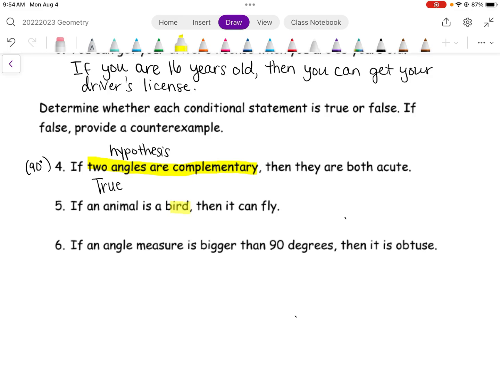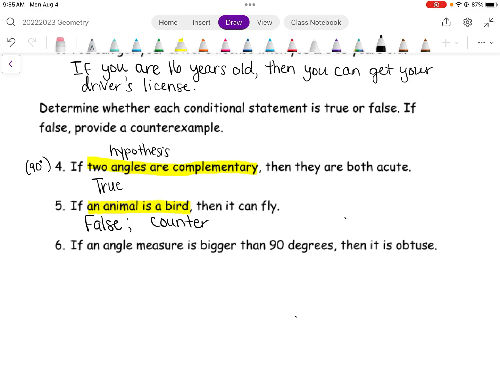Number 5. If an animal is a bird, this is the hypothesis, then it can fly. So think to yourself, can you come up with an example that does fit the hypothesis, but the conclusion is not necessarily true? I can. I'm going to say this is false because I have an example that proves this wrong.